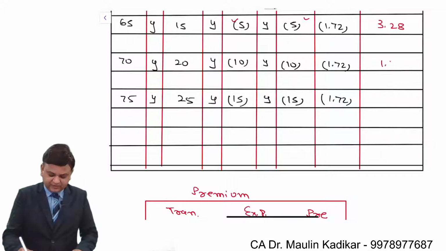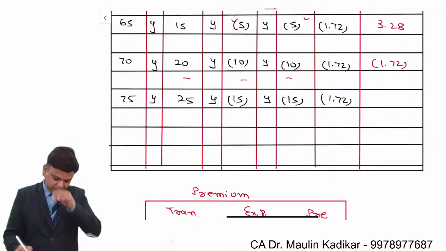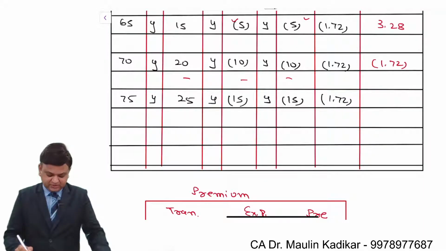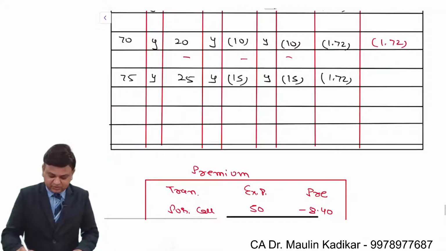Then it is a loss of 1.72 because this will be squared off against these two. Then over here, the loss increases. 25 minus 15, minus 15 again, minus 1.72. That is 6.72.